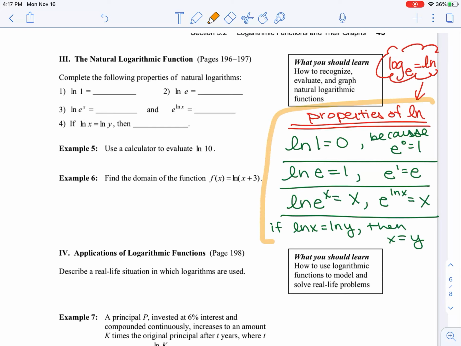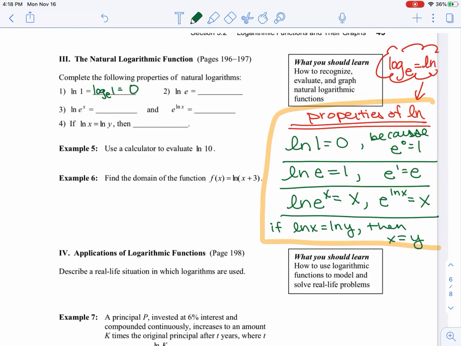So there's my little property chart for natural logs, not unlike regular logs. The ln of 1, keep in mind, is like saying log base e of 1. Remember, any base of 1 is 0.